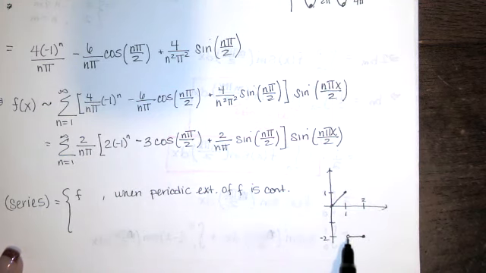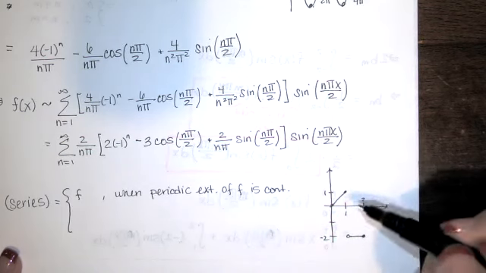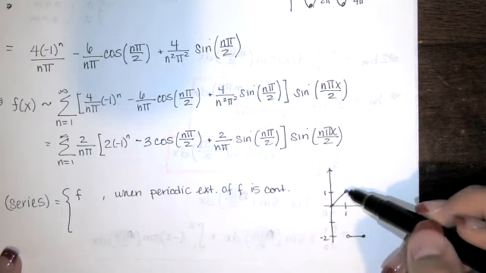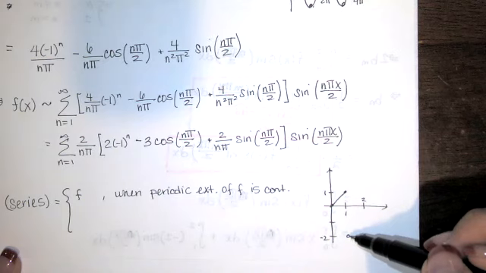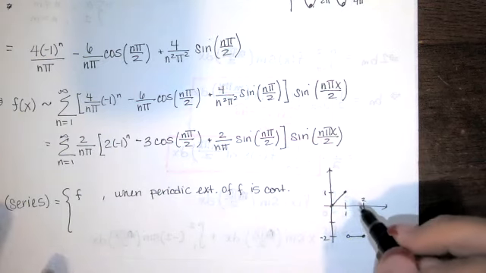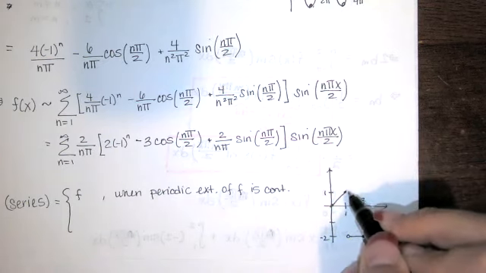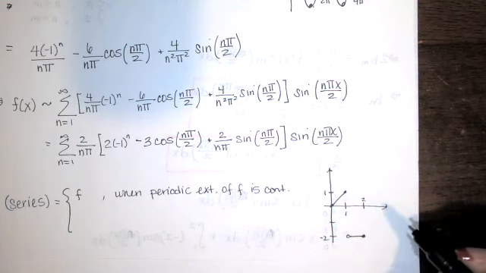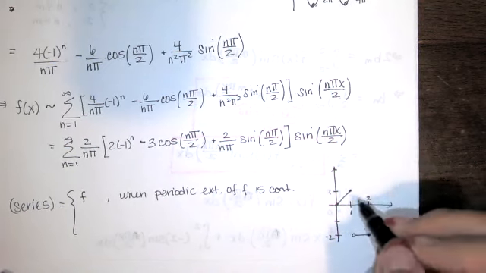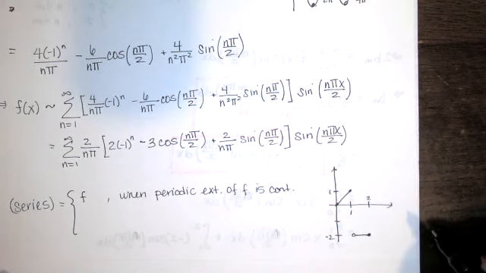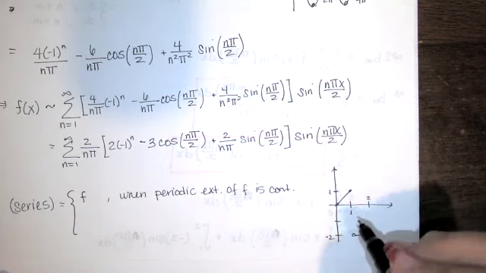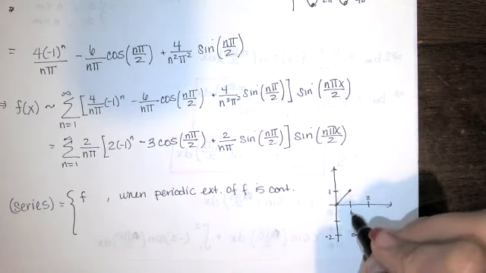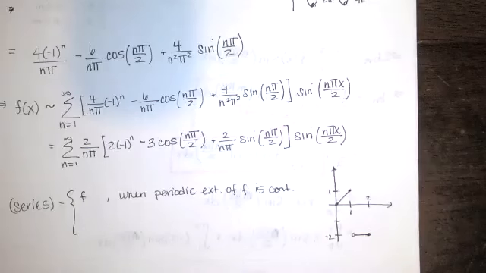Now, at x equals 1, we've got a jump discontinuity. So our limit from the left is 1, our limit from the right is negative 2. So our series will converge to the average of that 1 and negative 2. So if we add 1 and negative 2 together, and then we divide by 2, we get negative 1/2, which makes sense.